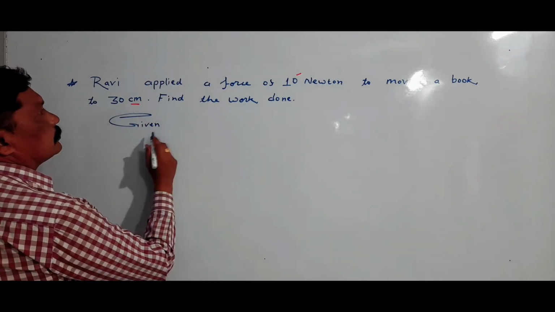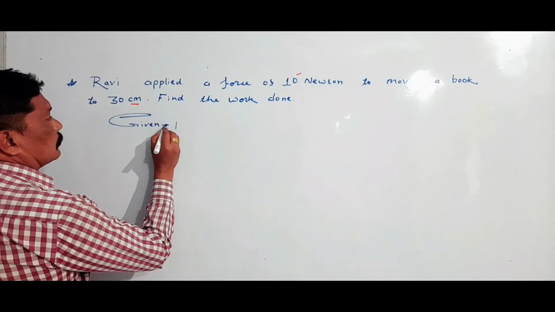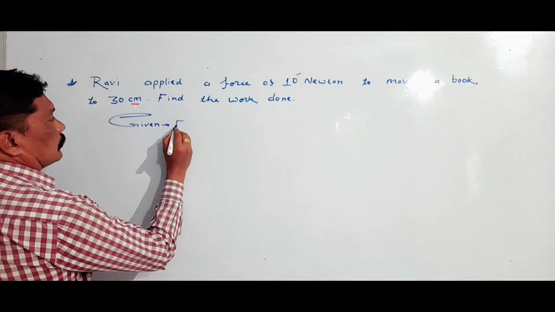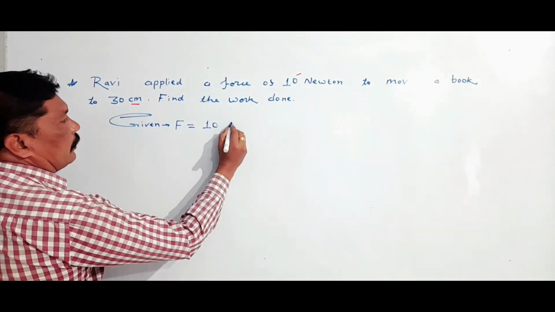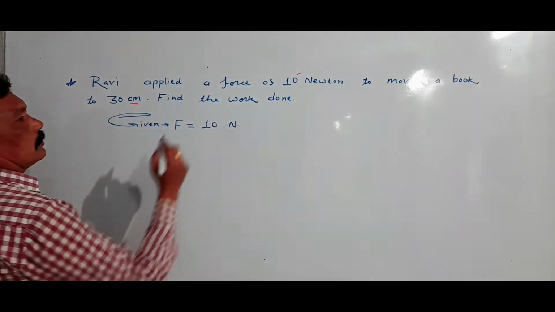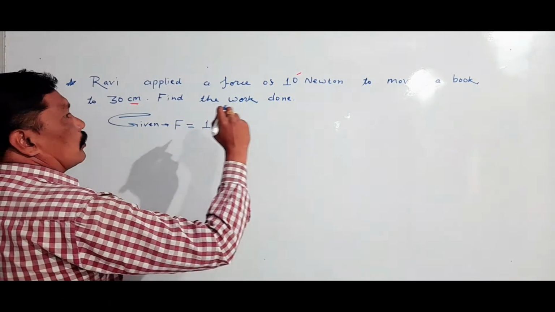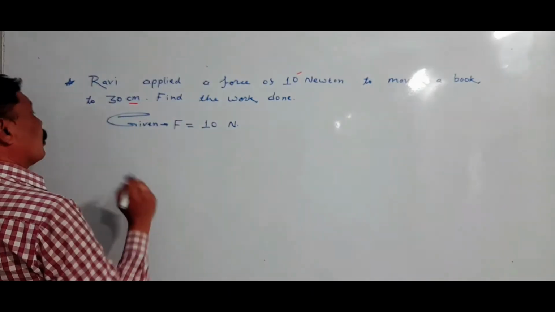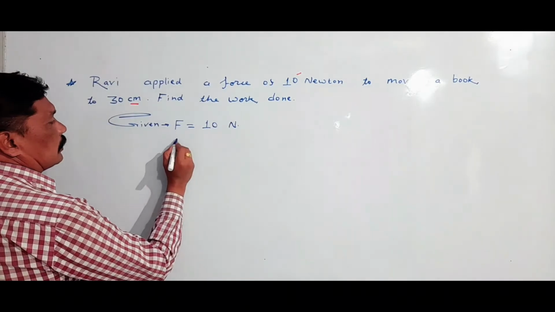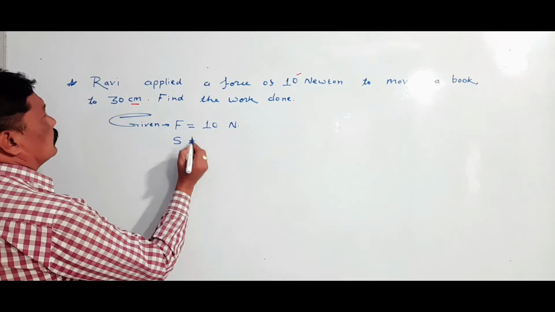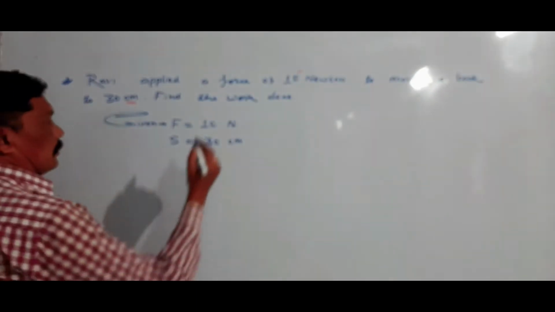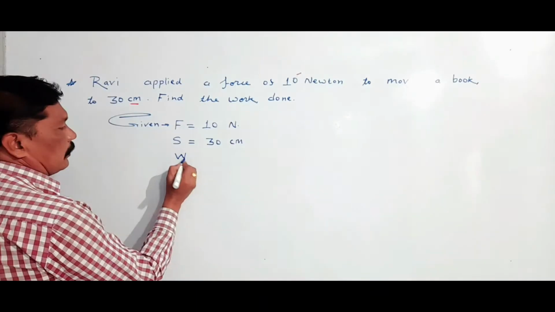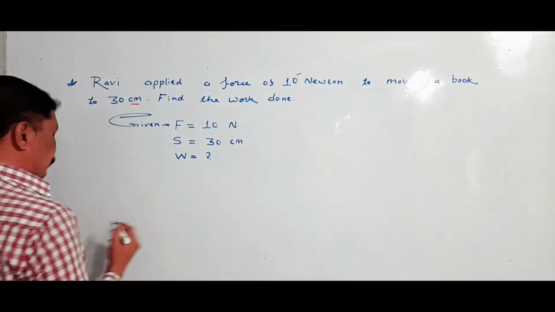Given: force is equal to 10 Newton. To move a book means displacement S is equal to 30 centimeter. We have to find W.